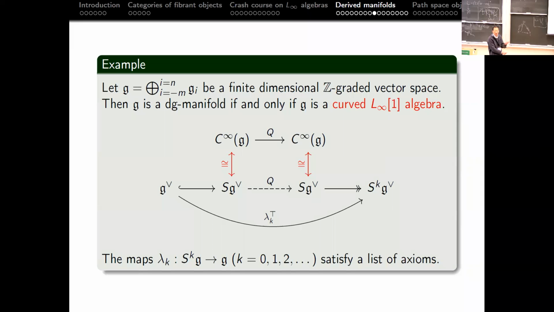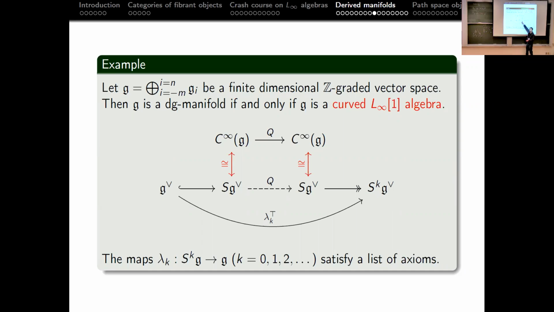Because S g dual is generated by g dual, that's the generator. So for the derivation, all you need to know is what each component is mapped to. The derivation is determined by this map here.